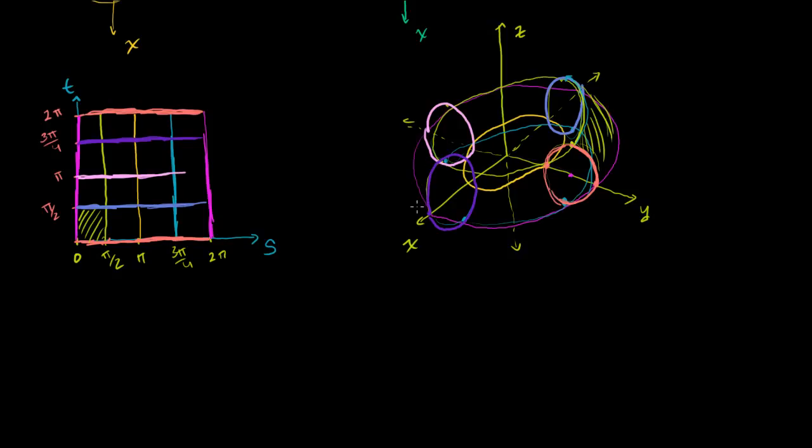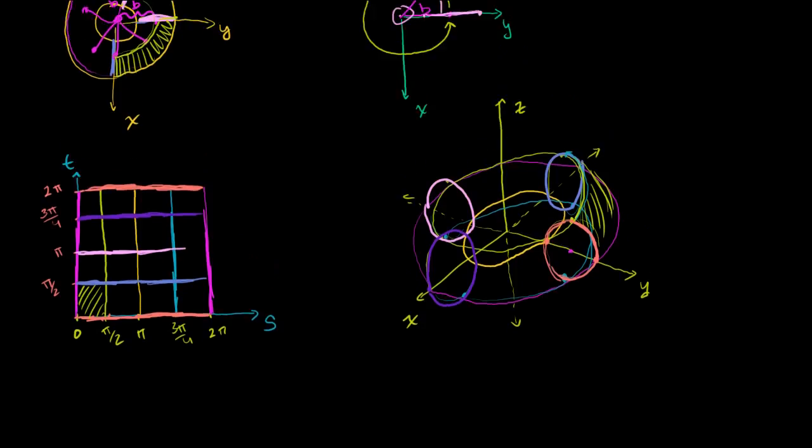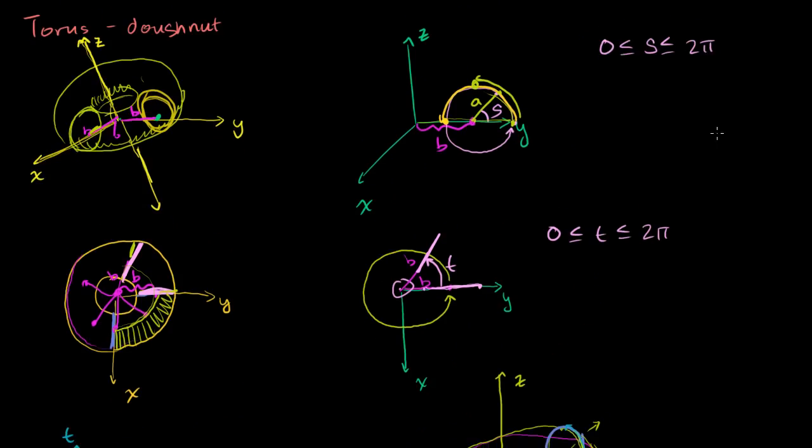Let's think about how to define a position vector valued function that is essentially this parameterization. Let's first do the z, because that's pretty straightforward. Our x's, y's, and z's should all be a function of s and t.